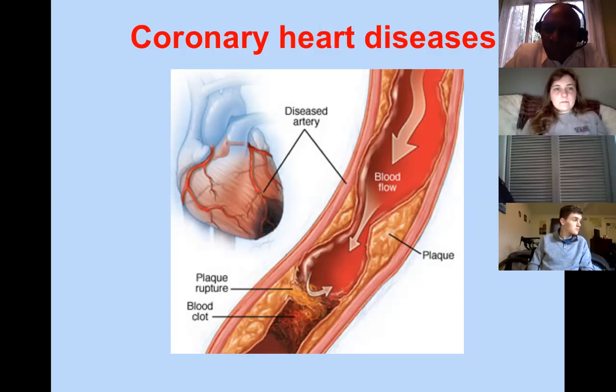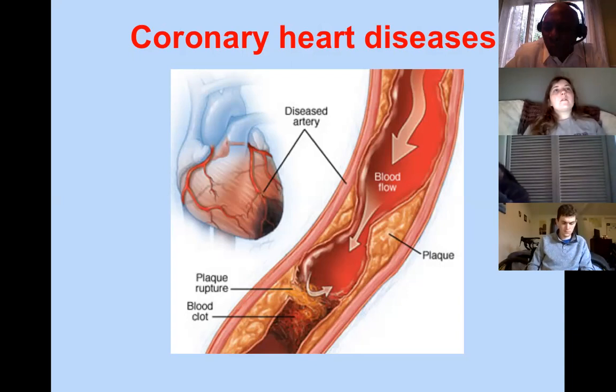Did I hear anybody say something? Lactate. Lactic acid. And it's the lactic acid that then will cause the heart to have pain. And that's what's causing the chest pains. Okay? So the deficiency of oxygen forces the heart to switch to anaerobic.